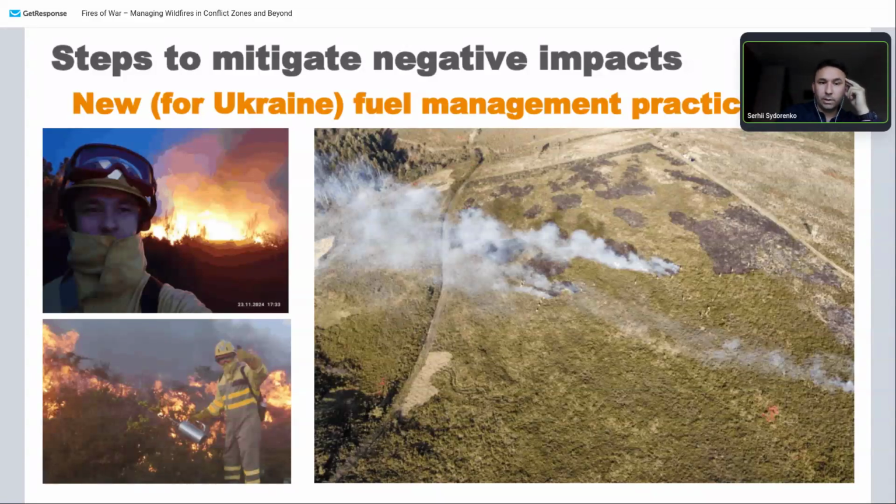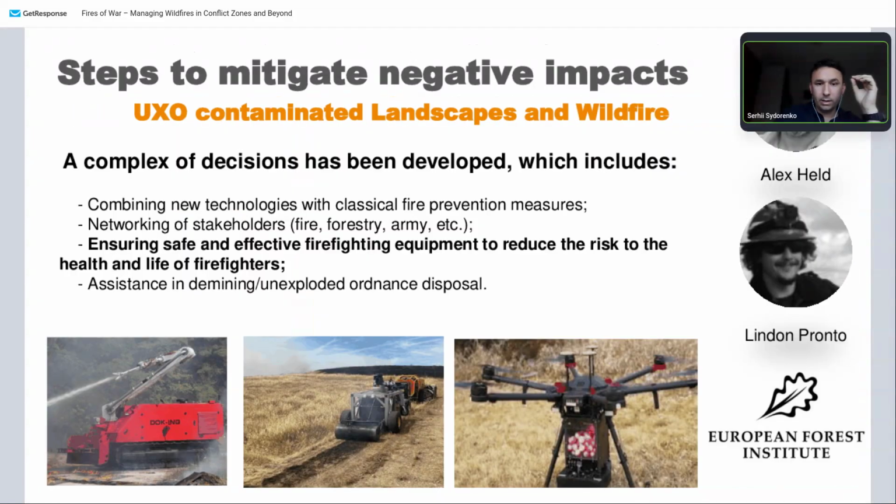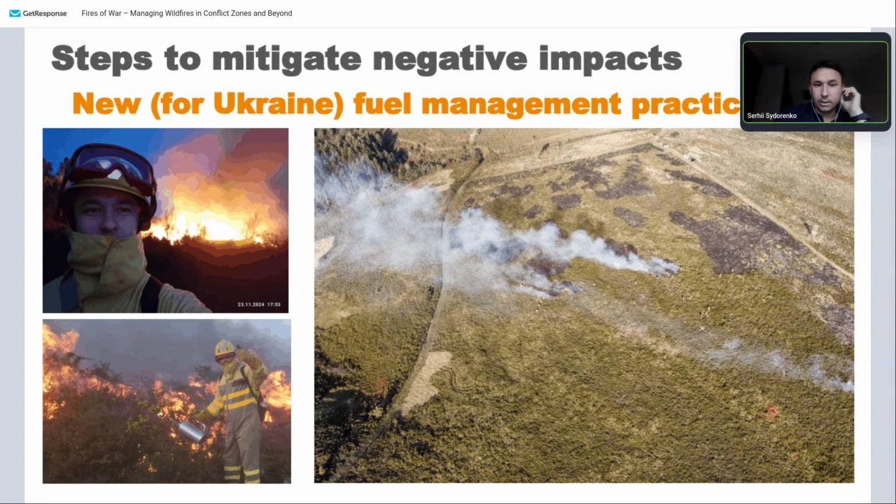This tool is a little bit limited, but it has a synergy with another slide here. SmokeD also organized a webinar where Alex gave a talk about contaminated landscapes, a toolbox for polluted areas, and it has a synergy with this fuel management practice of using fires.